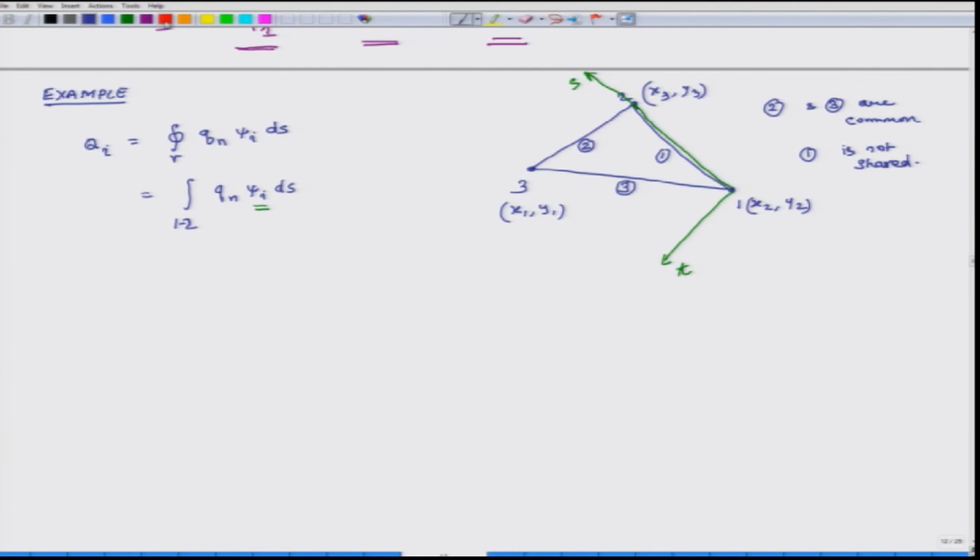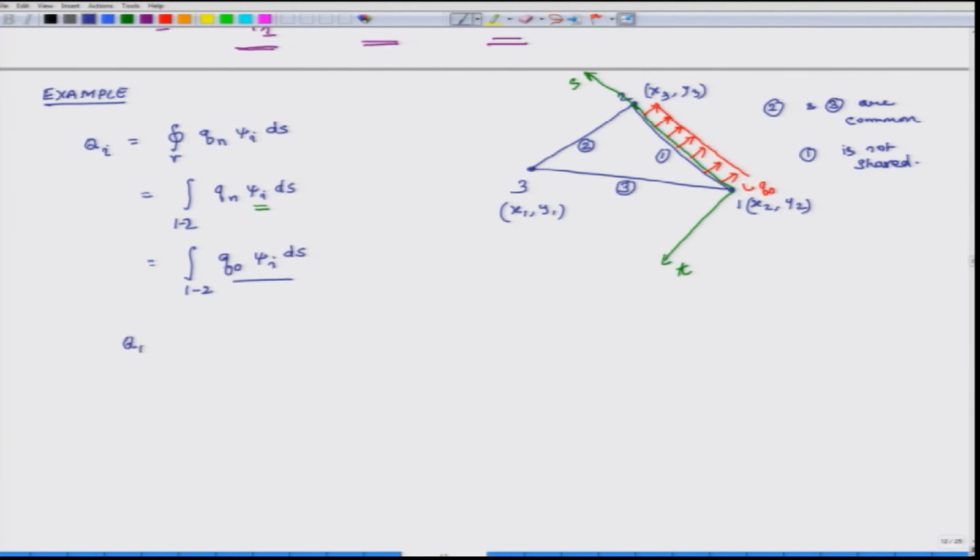So, in this case, I say that Qn is the flux normal to this edge such that it is having a constant value and its value is Q0. Okay. So, this is equal to the integral from 1 to 2 of Q0 psi I ds. So, now what will be Q1? Q1 will be the integral of Q0 times psi 1 times ds.